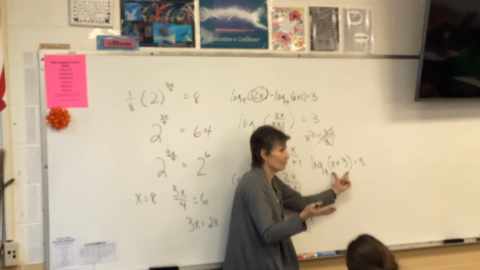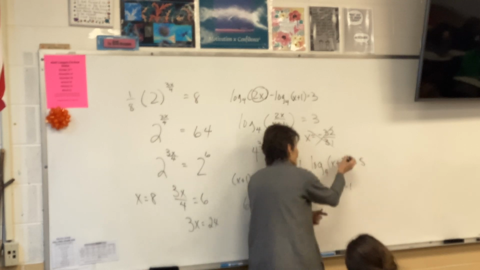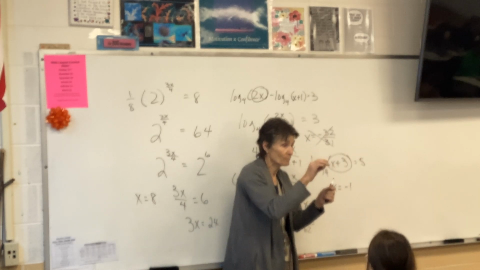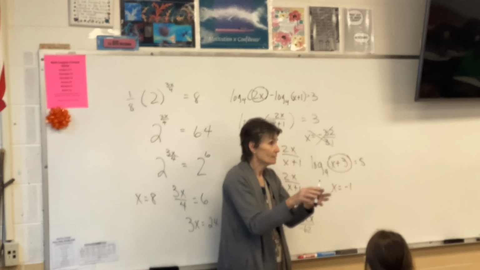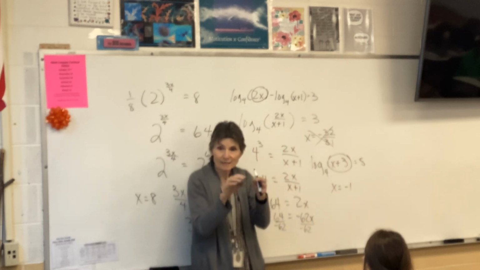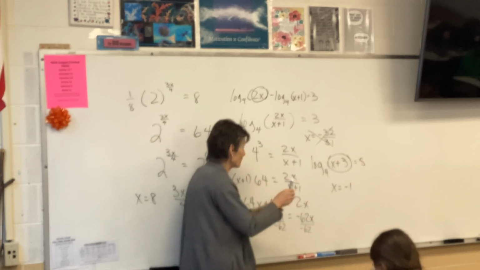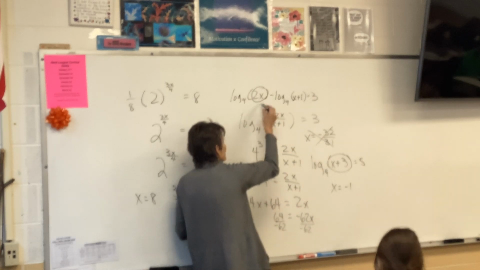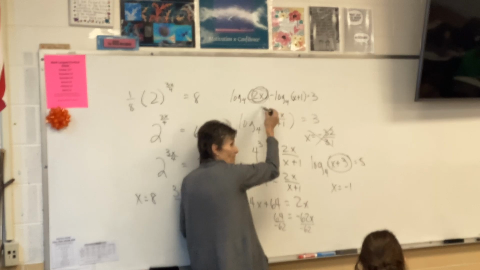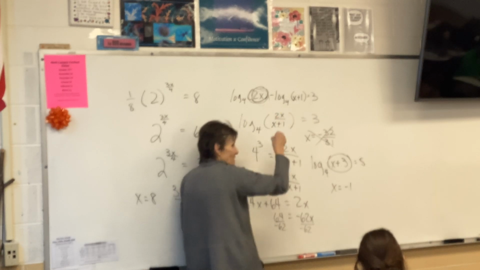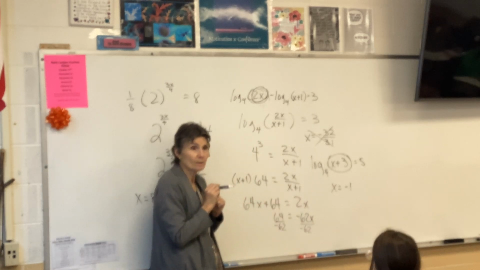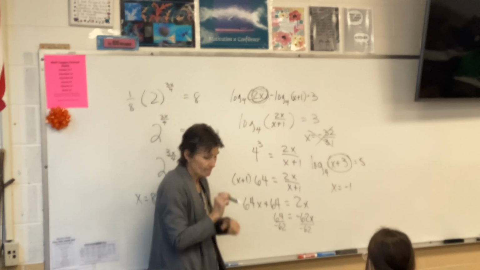X can be negative, but this must be positive. Remember what happened when we did log of a negative number? That's what you can't do. You can't log a negative number. If I put negative 32 31sts right here, wouldn't this be a negative number? And that's what can't be. That's what makes it extraneous. Okay? All right.